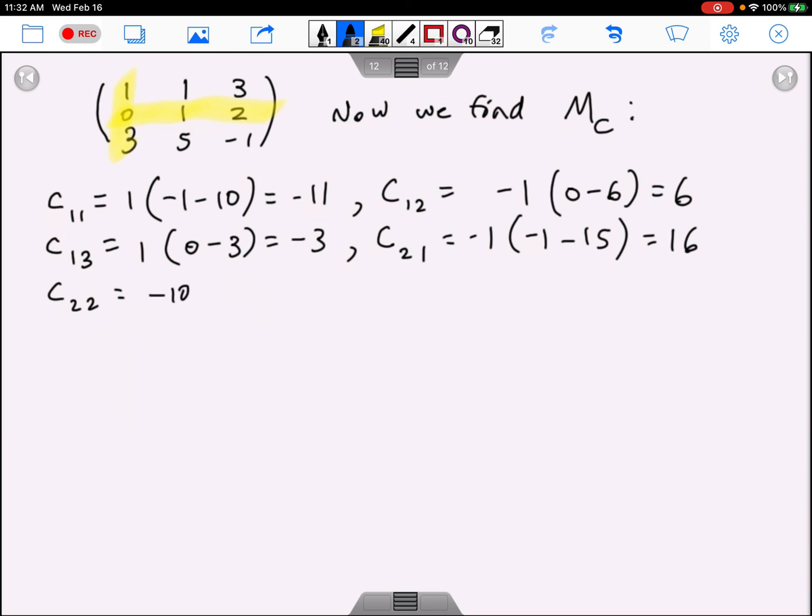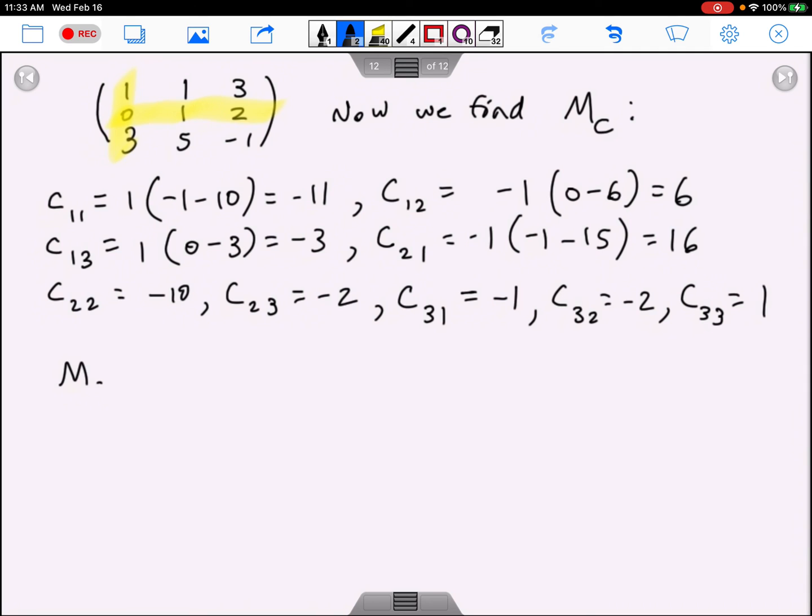C22 is negative 10. C23 is negative 2. You can calculate these on your own to make sure that you get the same thing as me. C31 is negative 1. C32 is negative 2. C33 is 1. And so we have our matrix of cofactors.